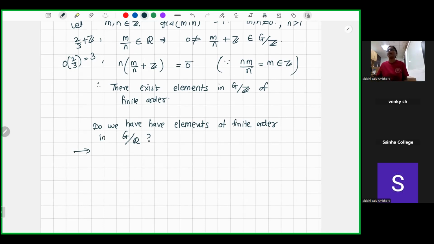Is this possible? Do we have elements of finite order in G quotient Q?